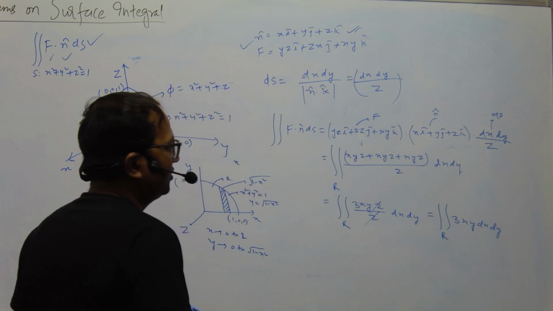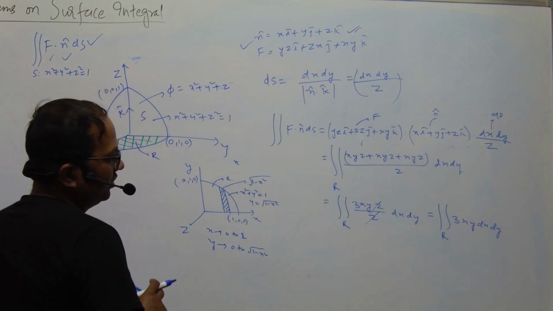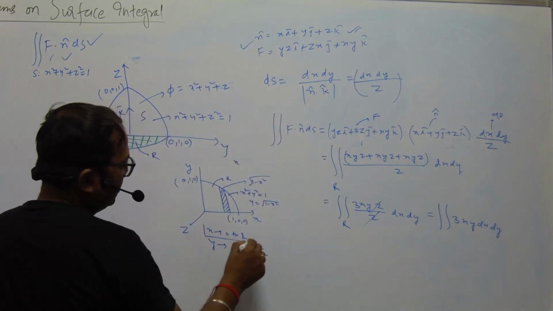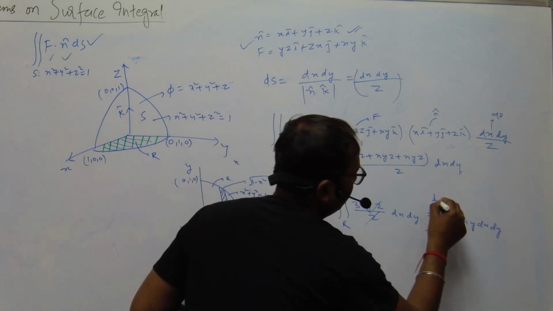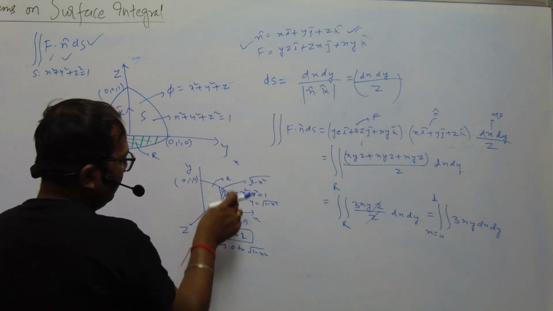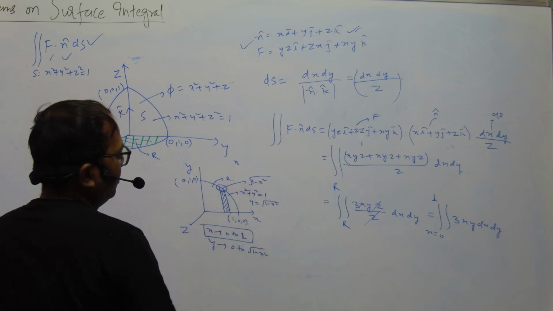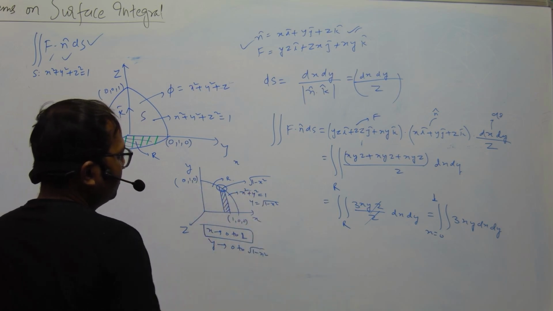Let's integrate this. Here let us put the limits. So the value of x varies from 0 to 1. Y varies from, so we have taken the vertical strip, 0 to square root of 1 minus x square, because the equation of this curve is x square plus y square is equal to 1.